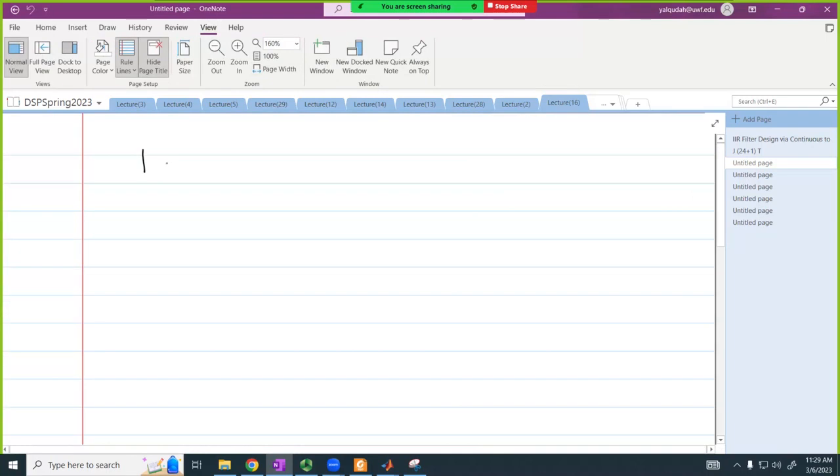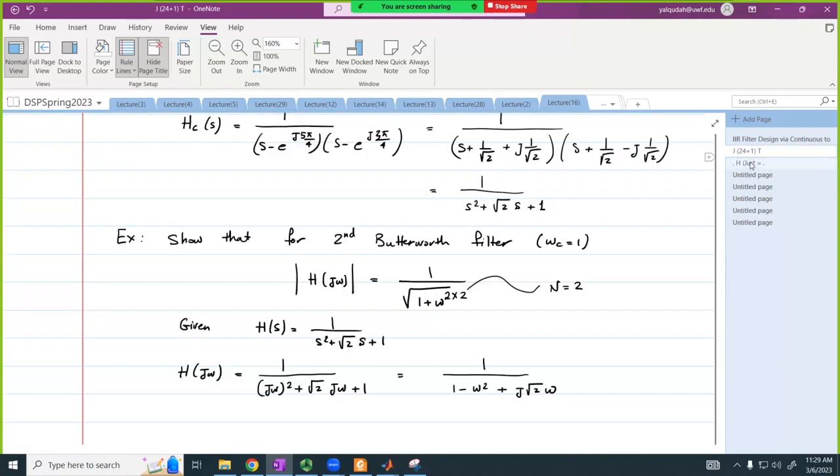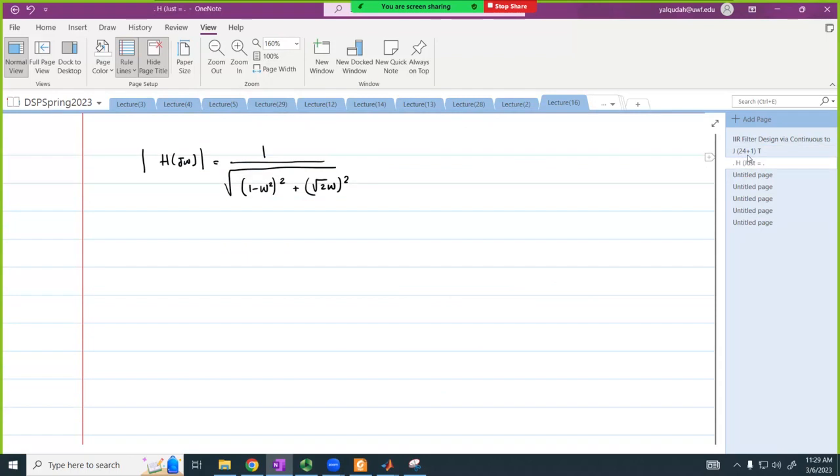So therefore, the magnitude of h of j omega is going to equal 1 over square root of 1 minus omega squared, all squared, plus square root of 2 multiplied by omega, all squared. Again, the square root of the real part squared plus the imaginary part squared.